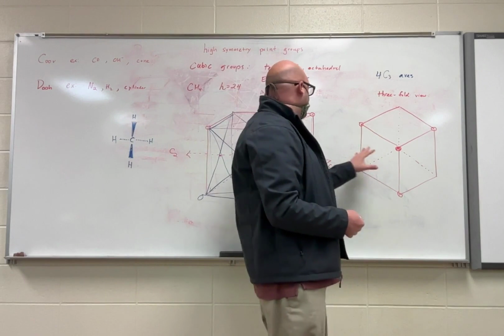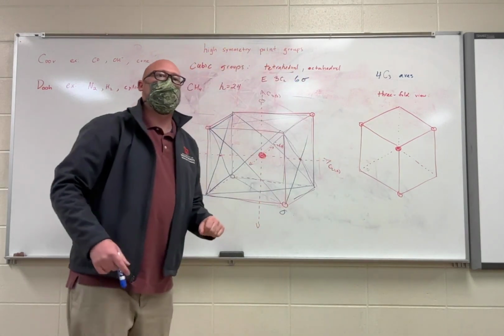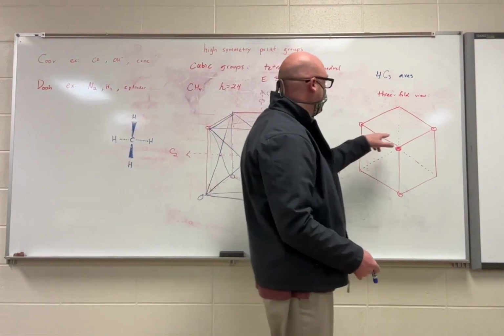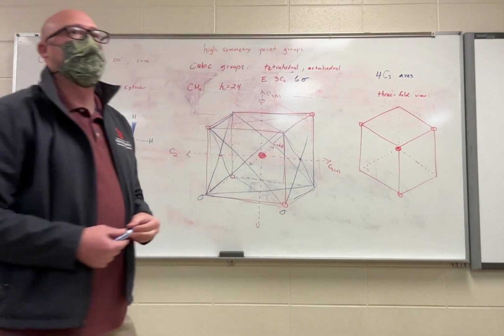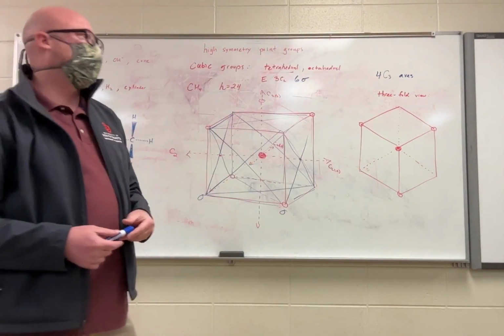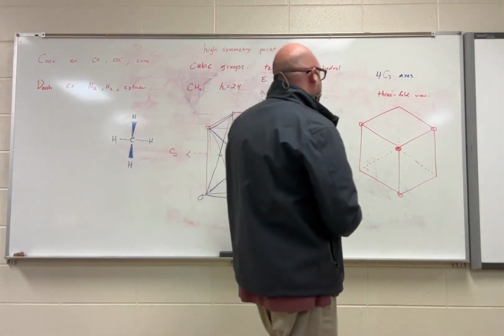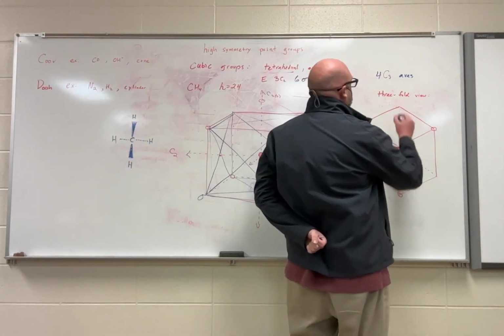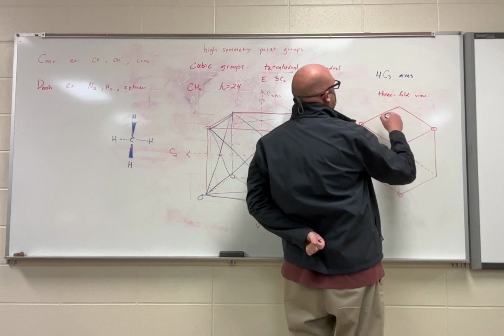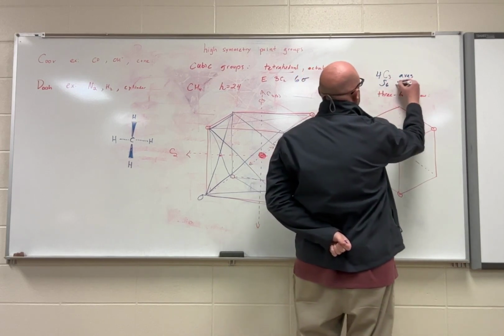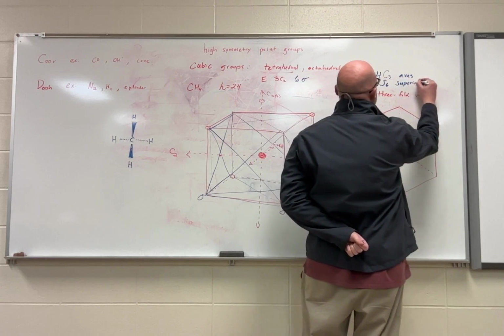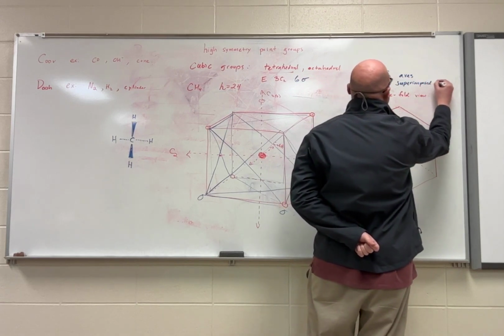There's no inversion center for the tetrahedral case, but we do have another type of symmetry element, and it's an improper axis. Okay? In fact, we have an S6 superimposed on the C3.